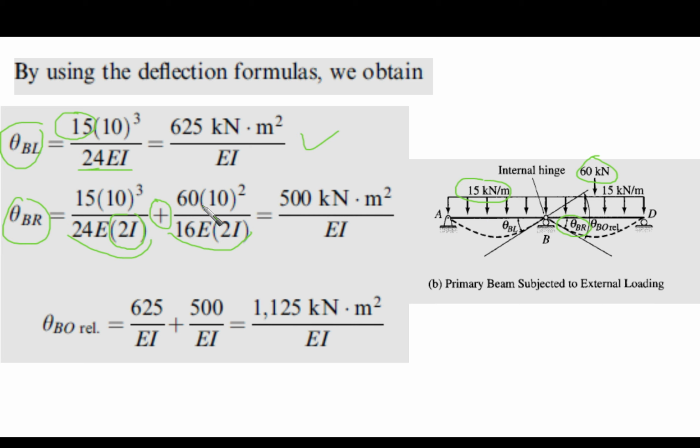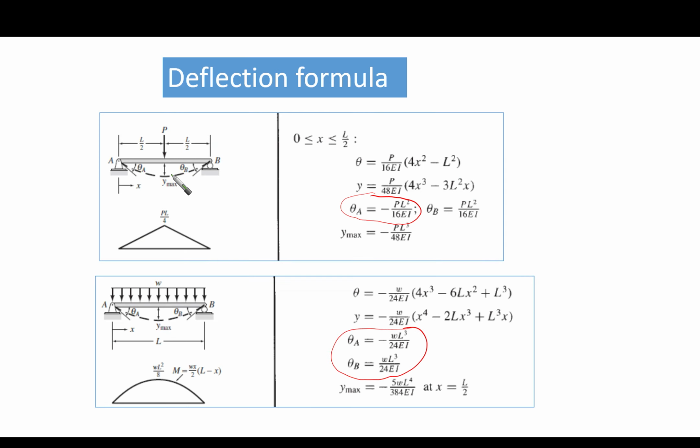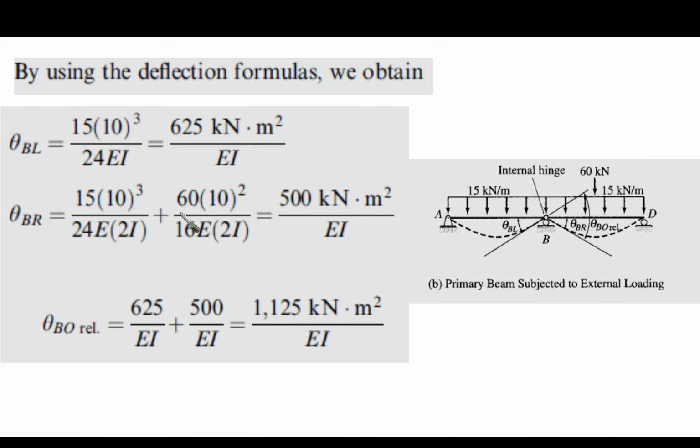Plus, this is the formula for concentrated load, which we can obtain also from here. This is the deflection formula. This is a concentrated load in the middle, and these are the theta A and theta B. Our case is going to be similar to theta A. So this is our case, minus PL squared over 16 EI. Go back. So it is going to be, as you can see here, 60, which is the concentrated load.